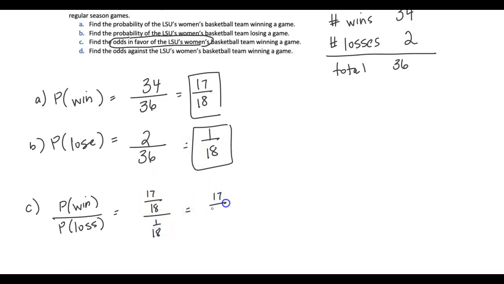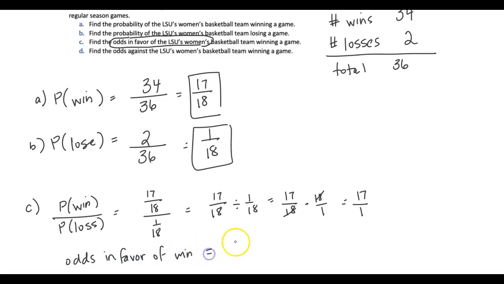Using our arithmetic, we can change our division into a multiplication by the reciprocal, reduce, and get 17 to 1. So the odds in favor of winning for the LSU women's Tiger team is 17 to 1.